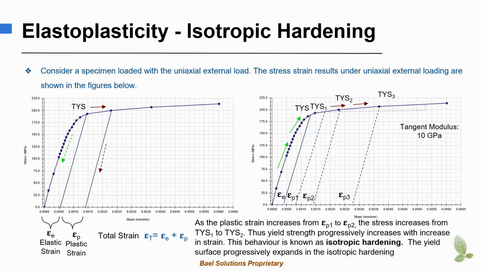In terms of cylindrical yield surface, the radius of the yield cylinder increases in the isotropic hardening, resulting in higher yield strength. Note that the loading considered in this case is monotonic, or increasing without reversal.